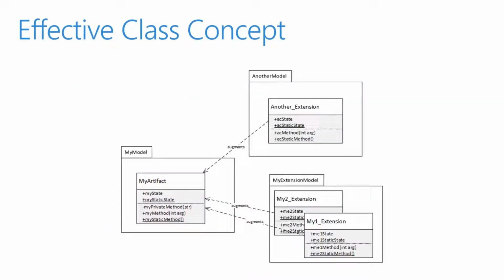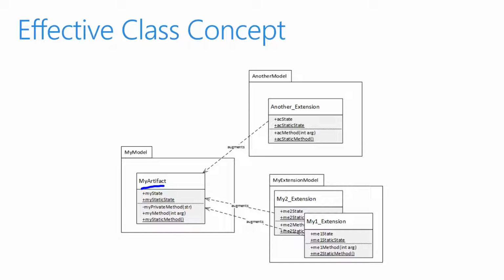It is useful to have a term for a class that consists of the public members of the augmented artifact and all the public members of all the class extensions that augment that artifact. This class is called the effective class in a given model. The following illustration shows an artifact which is called myArtifact, as we can see here over on the left-hand side.